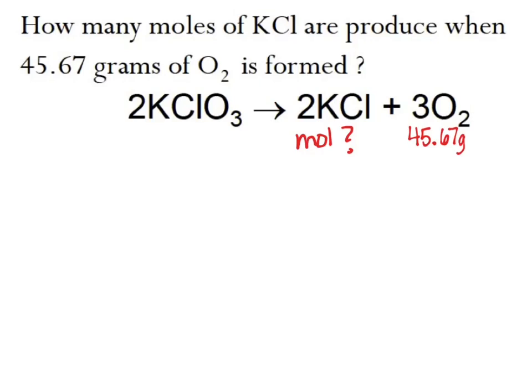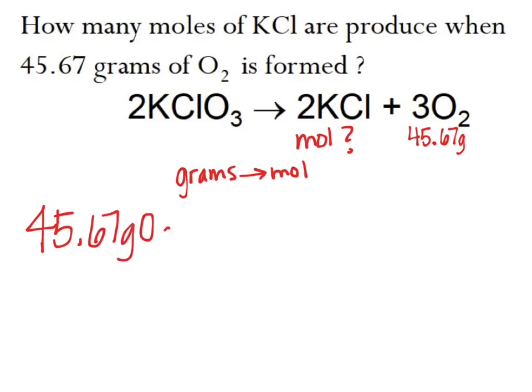So very first thing, start with what you know. This time we are going to go from grams to moles. So the first thing we need to do is change those 45.67 grams of oxygen into moles.